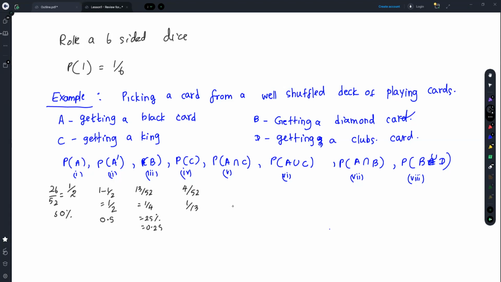A intersection C. What is that? You pick a card, it should be a black one, and also it should be a king. So how many cards are there where you have a black king?